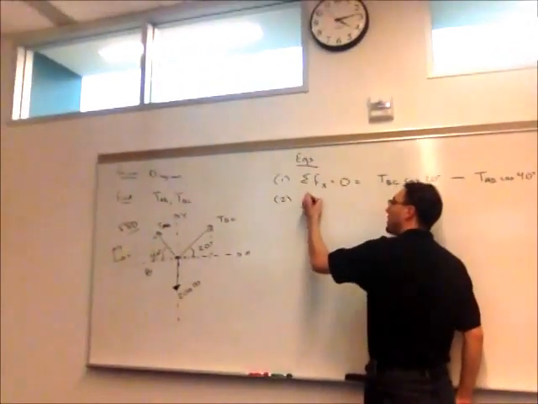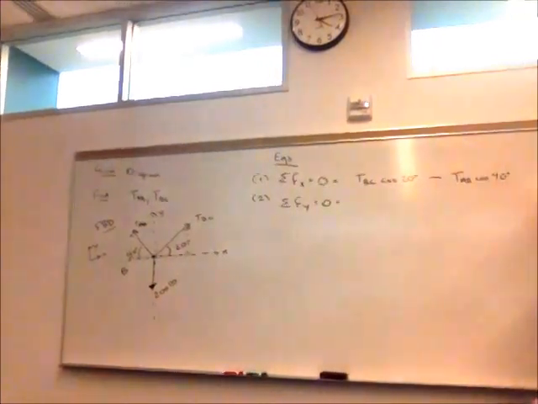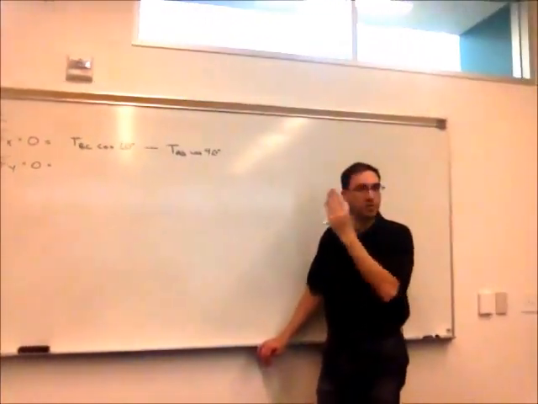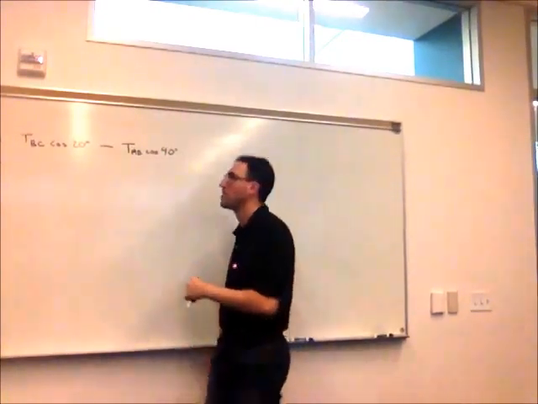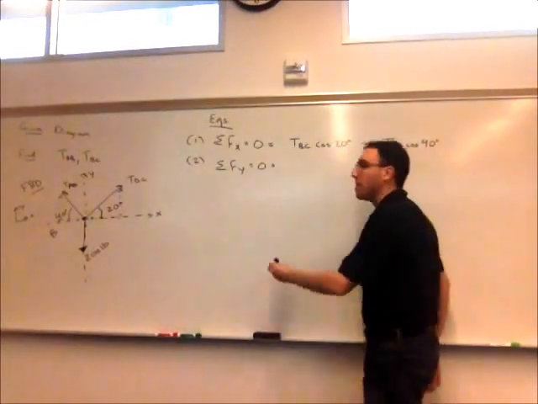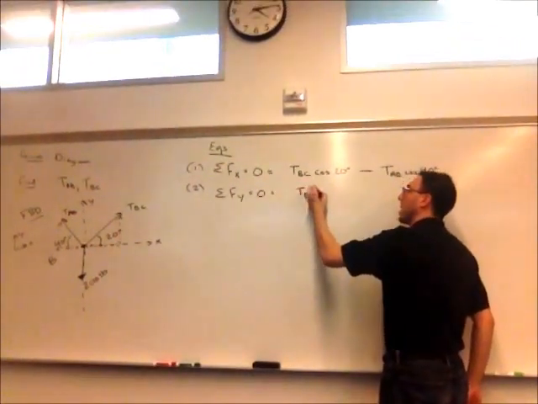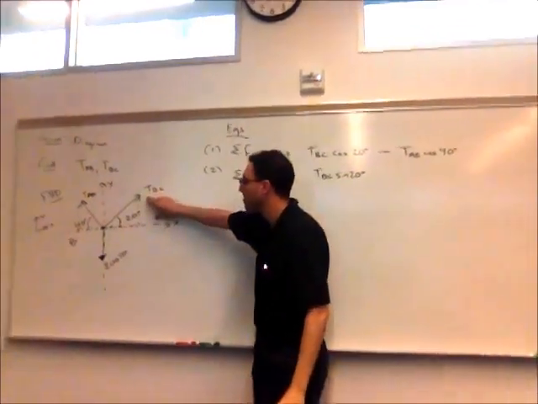So I always have in particle equilibrium two linearly independent equations. So now I shift my attention to y, or really the j components of all my forces. Looking at TBC, its j component is TBC sine 20, because that's going to be the vertical leg of TBC.